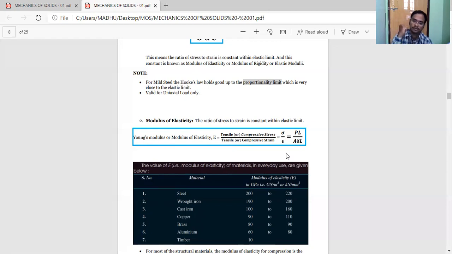It means it has very good strength. Steel has good strength to not get deformed. And next it is followed by wrought iron, cast iron, copper, brass, aluminum, and timber.